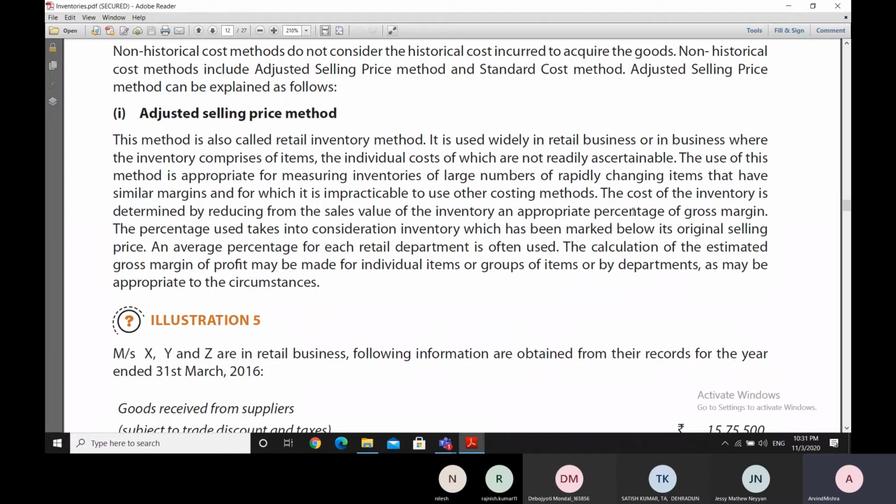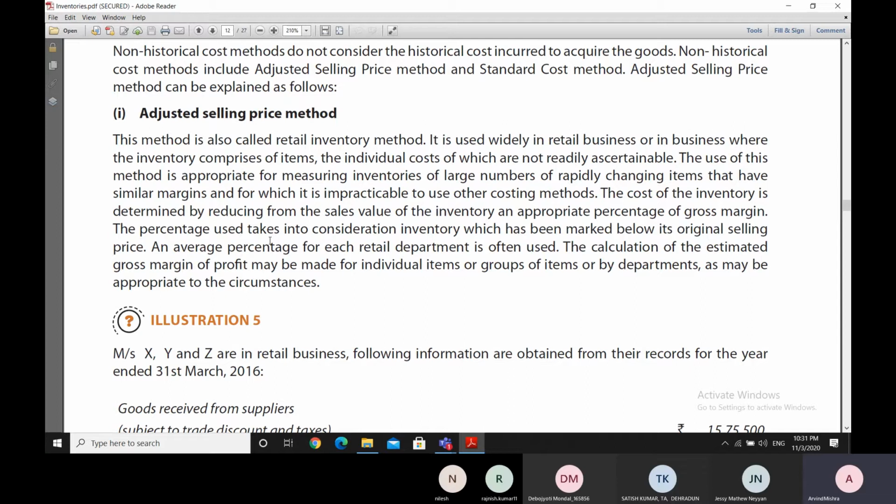The cost of the inventory is therefore determined by reducing from the sales value of the inventory an appropriate percentage of gross margin. What we do is decide the sales price, and from the sale value of the inventory, we reduce the gross margin, which is the appropriate computed percentage.